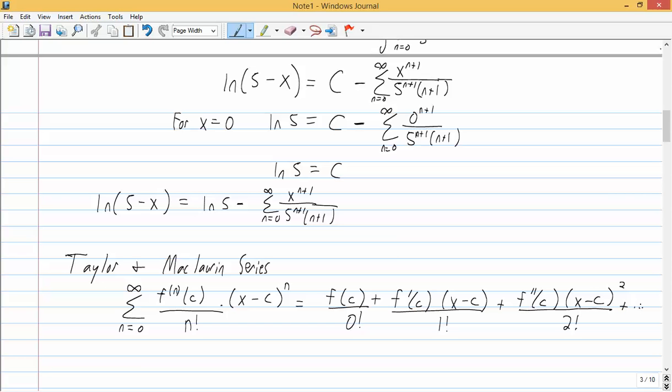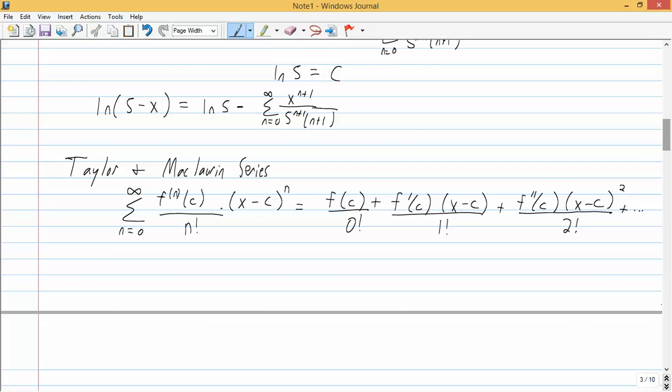The reason for writing out the terms is usually so you can figure out the patterns, so then you can go back and write the power series, the Maclaurin series or the Taylor series. So for this formula, as long as c equals 0, then it's called a what?